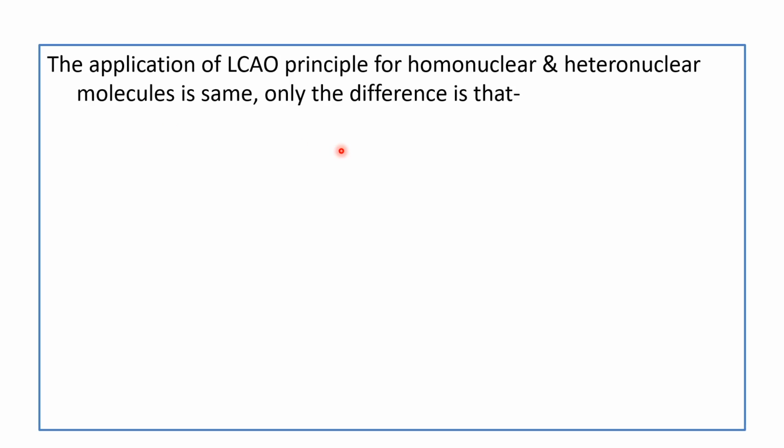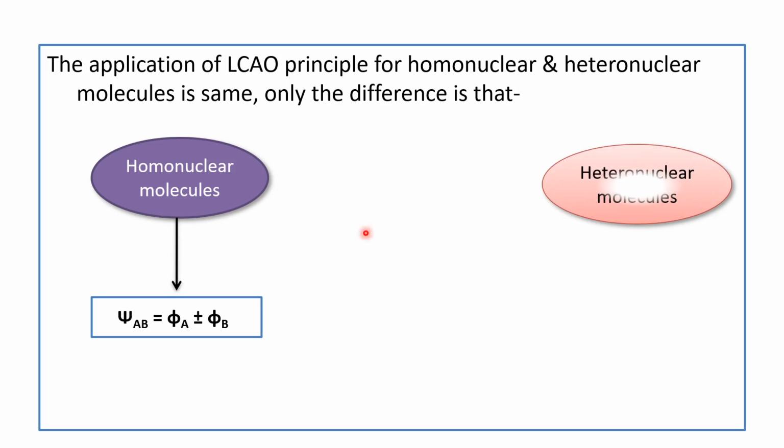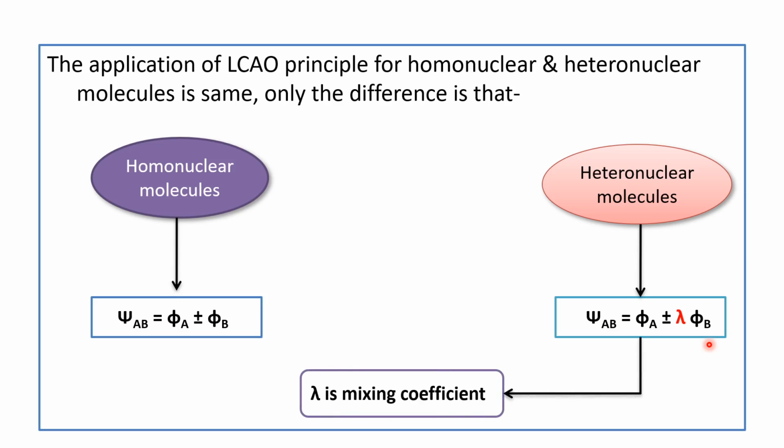Only the difference is that in case of homonuclear diatomic molecules, we can write the LCAO principle as psi AB equals phi A plus minus phi B. But for the heteronuclear diatomic molecules, we write the same principle as psi AB equals phi A plus minus lambda phi B, where lambda is the mixing coefficient.